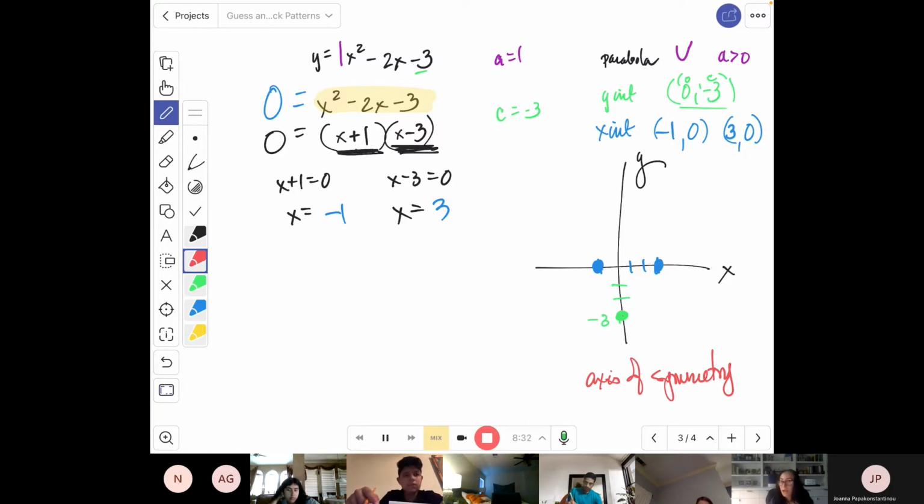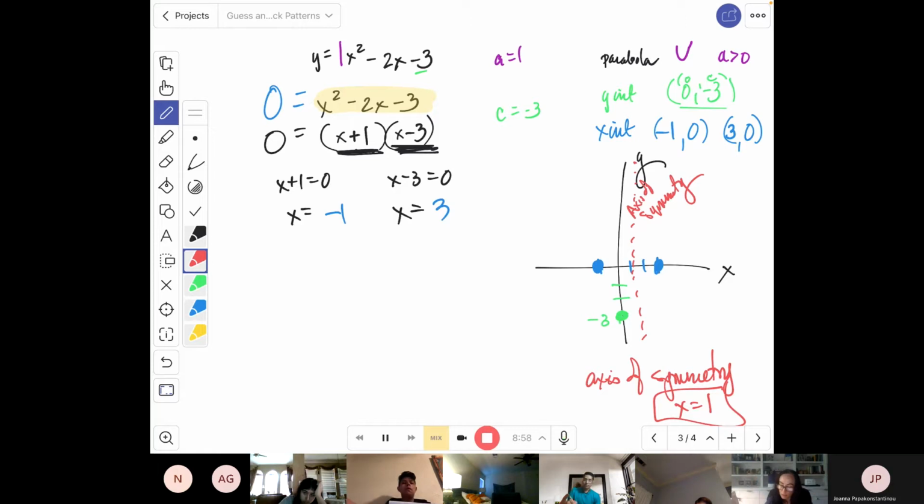Okay, but the value of x is 1, but we have to write it as a line, right? That's a vertical line. If I fold my graph along the line x equals 1, halfway between those two x-intercepts, then I have a parabola.